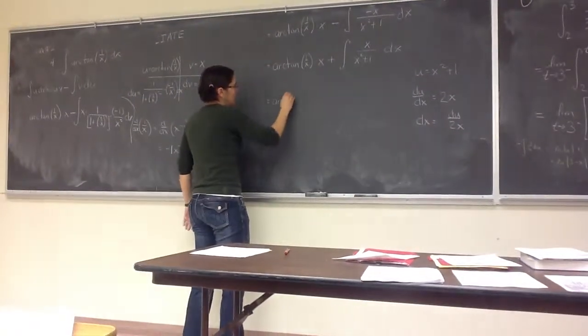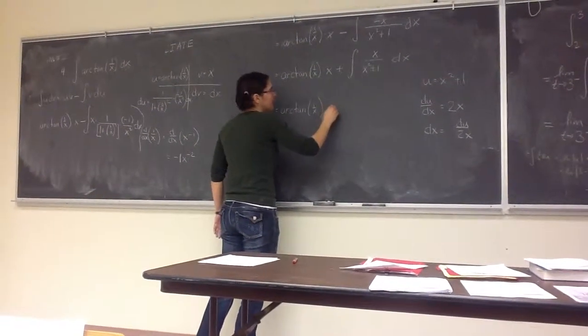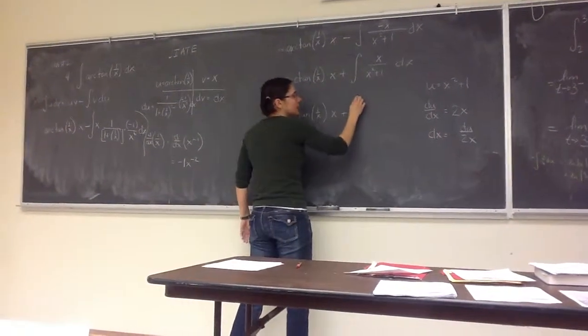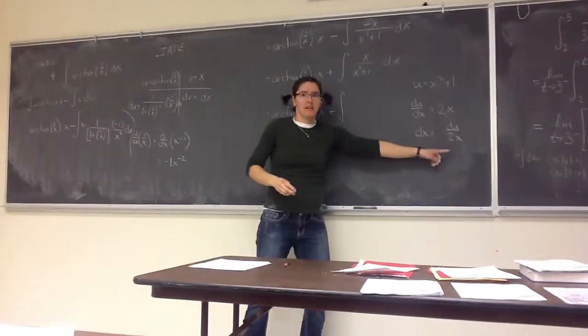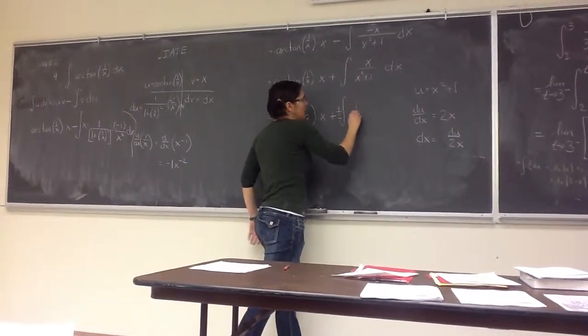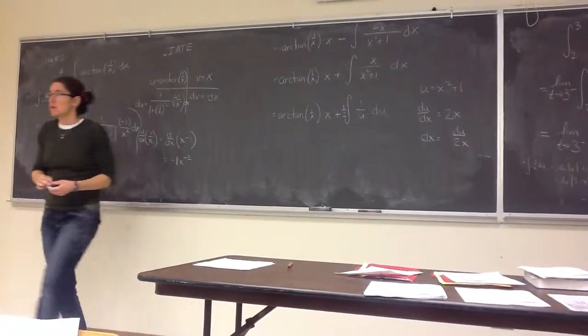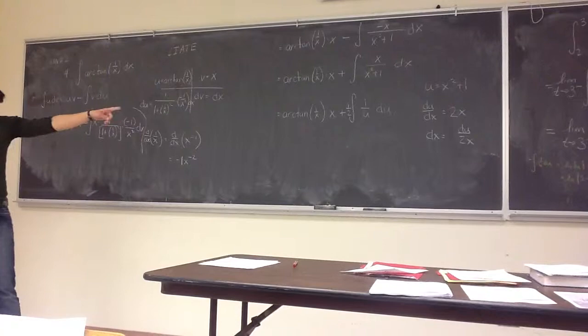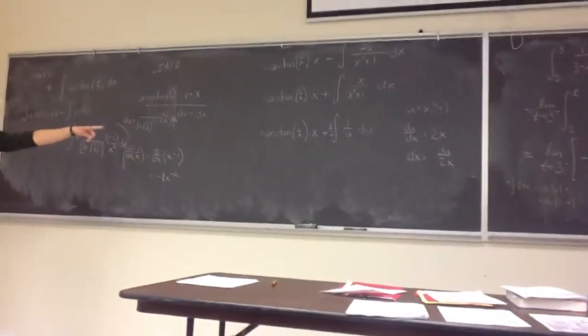And so we've got arctangent of 1 over x times x plus the integral, well, let's see, our x's are going to cancel. I'm going to have a 1/2 out in front, and we're left with a 1 over u du. Any questions about that step? I just did all the canceling without writing all the steps out.